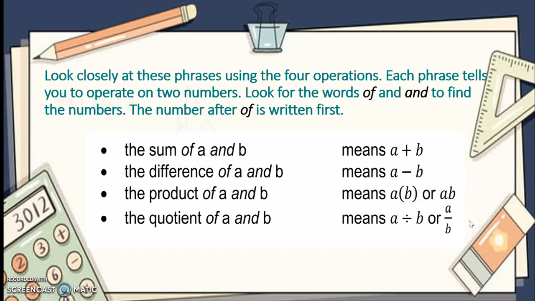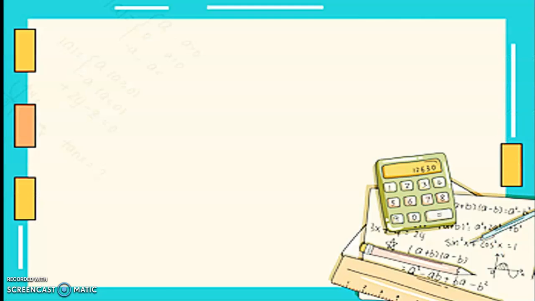Not only variables, but constants too. If a number and a letter are written together, with the number first, that is product, their operation. Next, the quotient of A and B. Quotient means division. So in mathematical symbol, A divided by B or A over B, in fractional form or ratio form. So that is division.